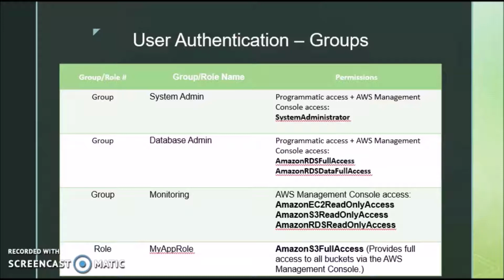These administrators have full access to the relational database service, since that is the nature of being an administrator. The monitoring group has only read-only access to EC2, S3, and RDS, since they shouldn't be allowed to modify them. And I already explained the MyApp role in the previous slide.